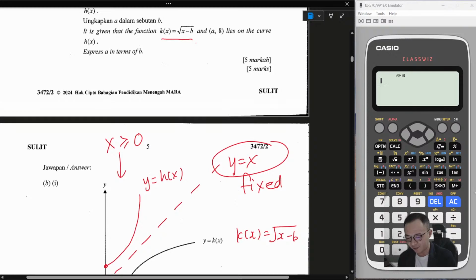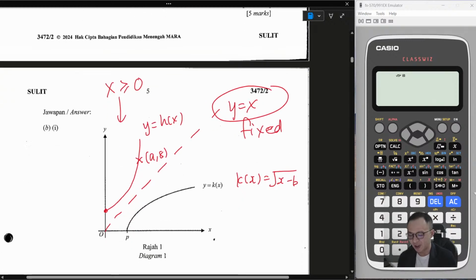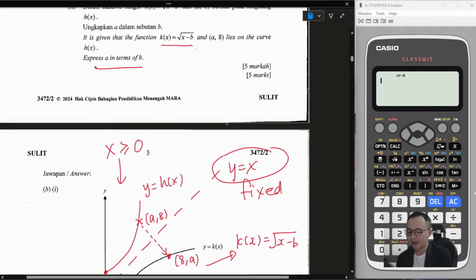So we have hx here, and we have a point called (a, b). If the same point is reflected to kx, the coordinates will flip. (a, b) will become (b, a). Then you can easily substitute into here to get a in terms of b.